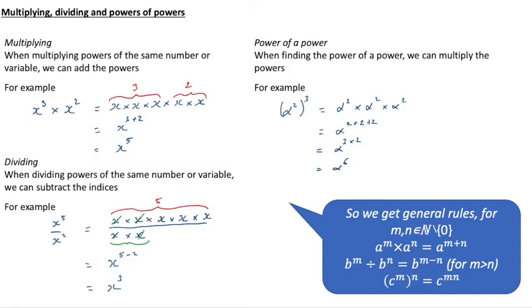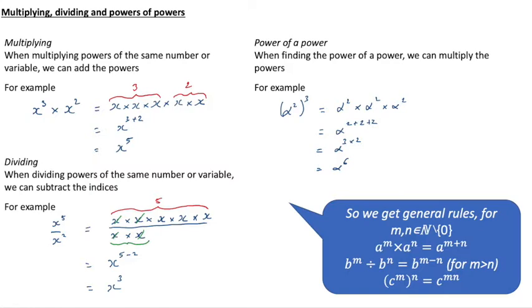So we get some general rules, and notice that so far we've only established these or shown these for positive whole number powers. And that's what m, n, is a member of the natural numbers without 0 means.